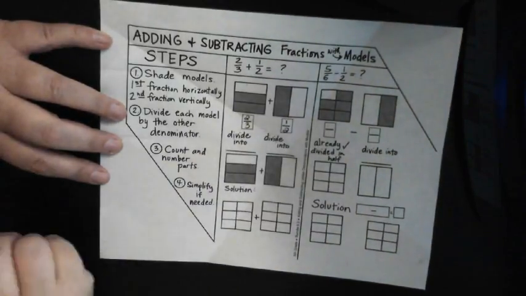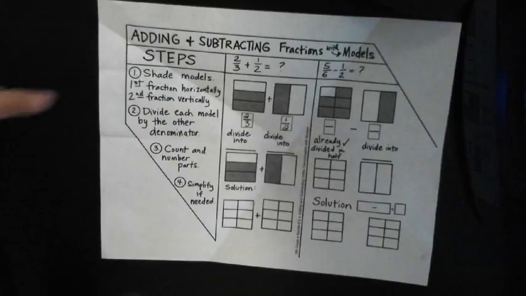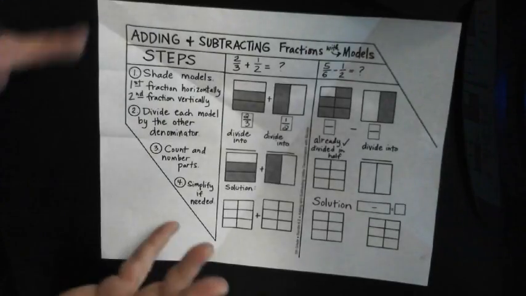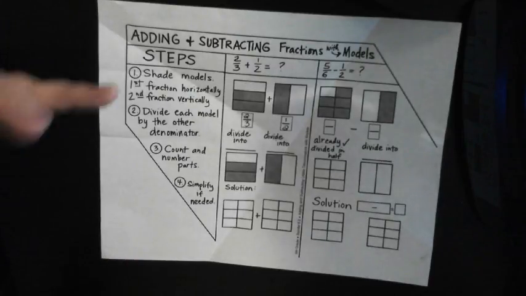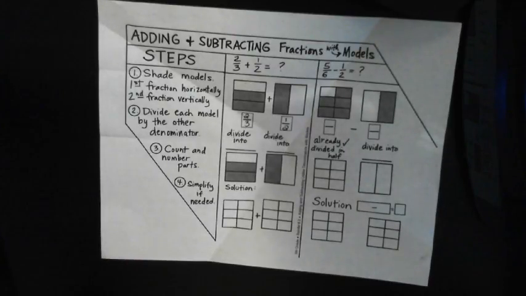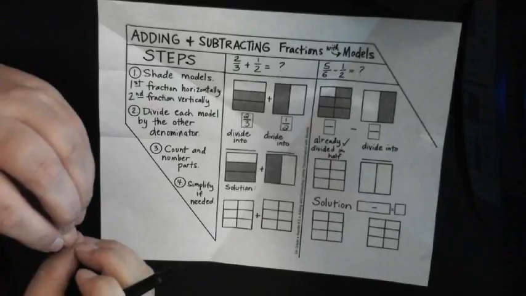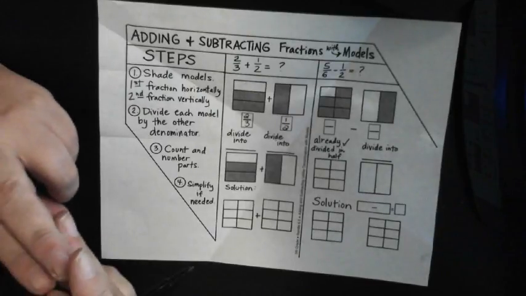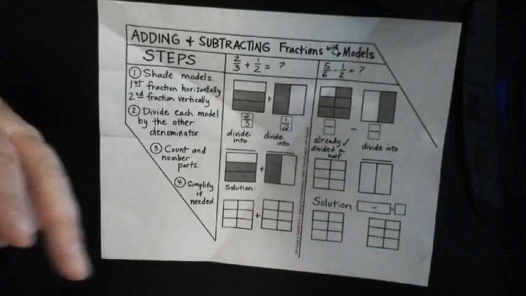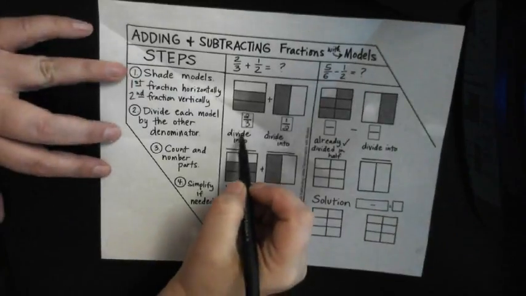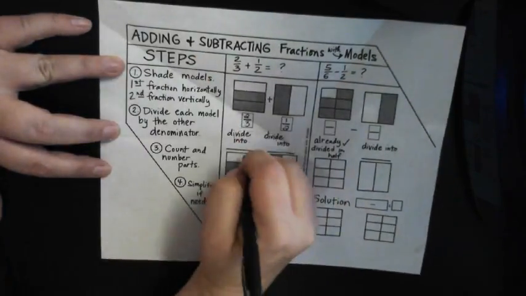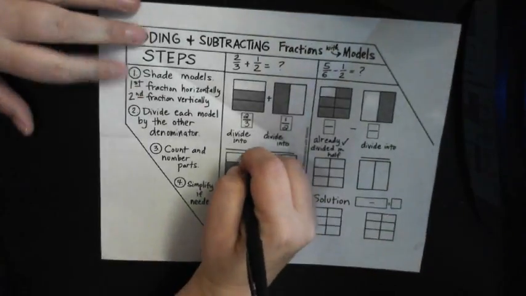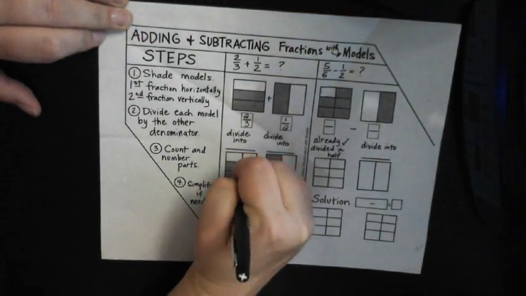Now, here's a problem. I cannot add or subtract when they're different, but when I have models, I can, because what I'm actually doing is bringing it together. So this is 2/3. I need to bring the other one in. So I am going to break this in half.